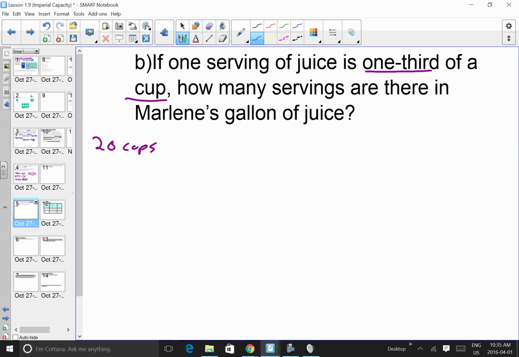Well, in 1 cup, okay, so I'm just going to try to write this down. If 1 serving equals 1/3 of a cup, then 1 cup will have 3 servings.